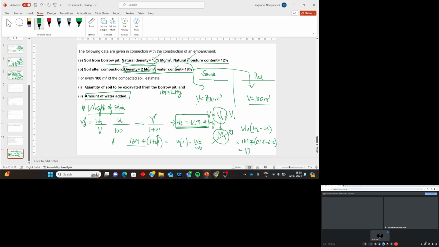It will be 10.16 megagrams or tons. So this is how embankment calculations are done, and now you are able to get how it is done.